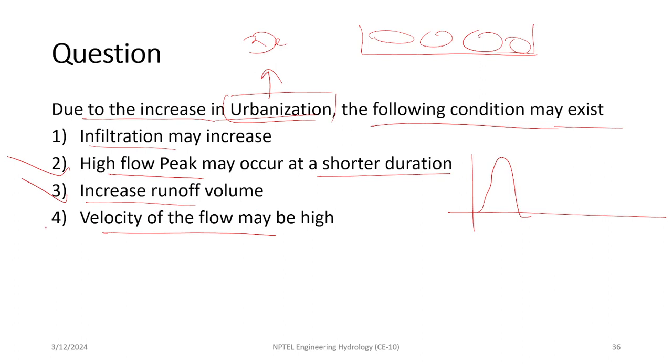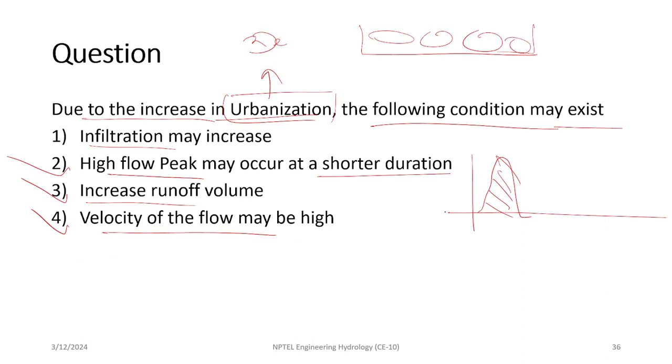If we are taking the area of this hydrograph, then you will have an increased runoff volume. Then what is next? Velocity of the flow may be high. It's also correct.